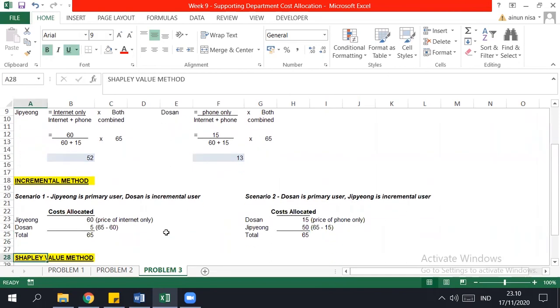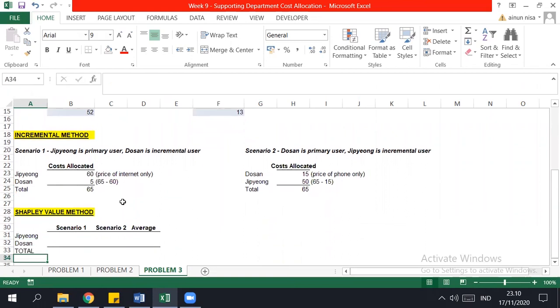While for the Shapley value method, it is the average cost from the first scenario and second scenario. For scenario number 1, Jipyong needs to pay 60 while Dosan needs to pay $5.